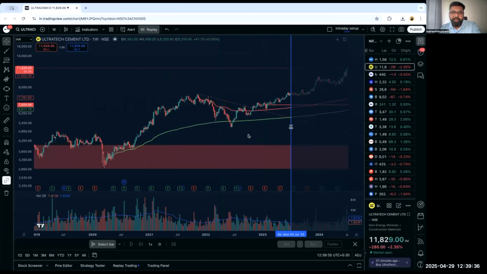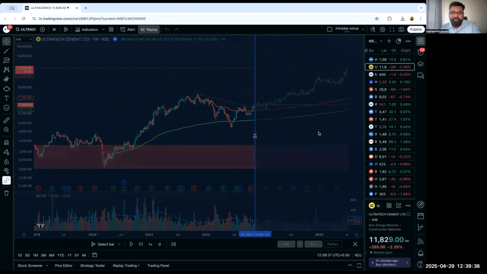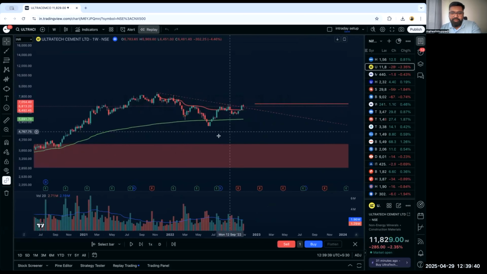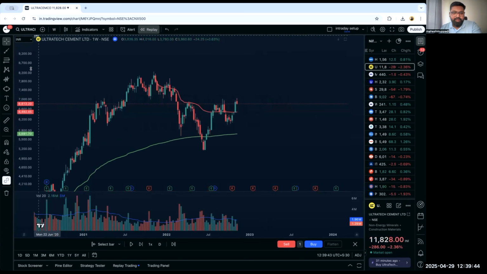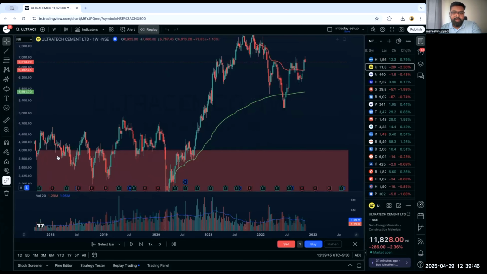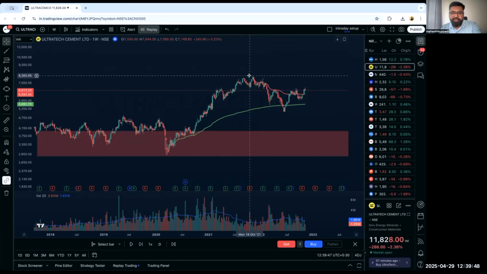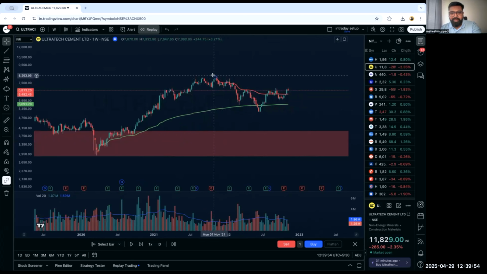So this was the swing. You can take one, and this is where I applied the anchored VWAP. And this is the point where again I have applied the anchored VWAP.